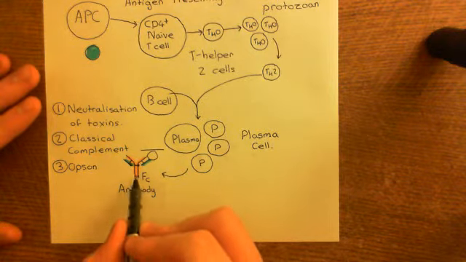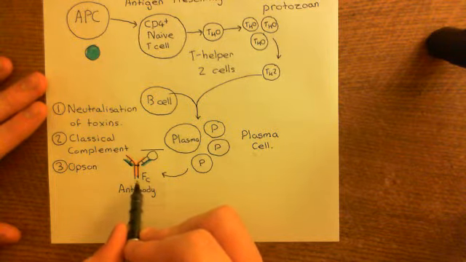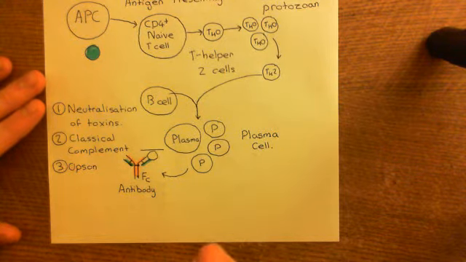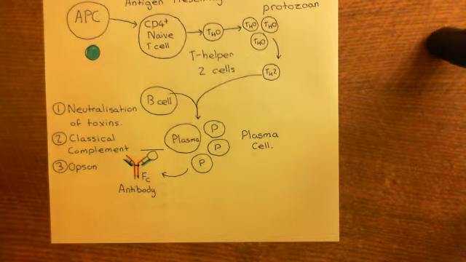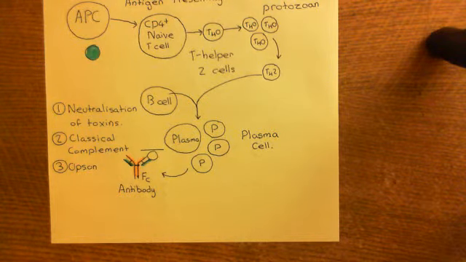Okay, and phagocytes such as neutrophils or macrophages have receptors for this fixed region of the antibody, and the receptor will bind to this fixed region, and basically that then triggers the phagocytosis pathway. So remember when I was telling you about phagocytosis, I said that initially the microbe needs to bind to the phagocyte. Well, this is one of those interactions whereby the phagocyte can bind to the microbe, basically.